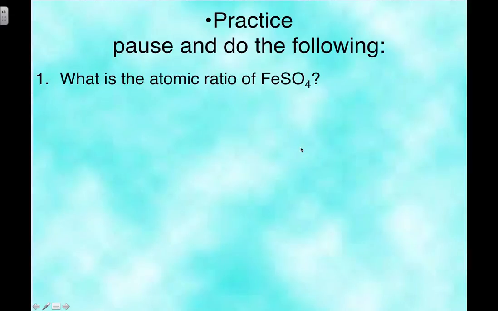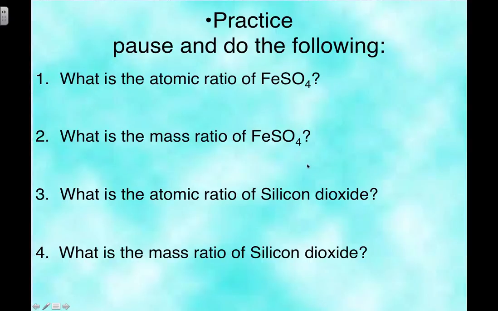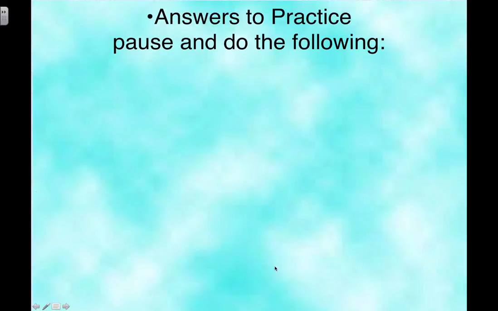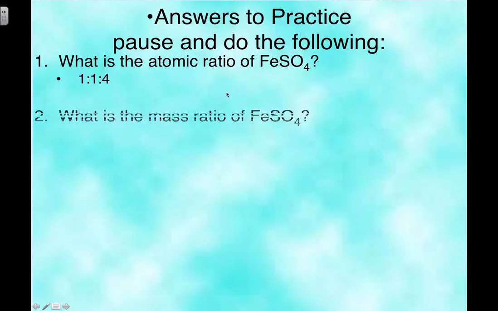Okay. Pause and do these, and then we'll come back and talk about them in a minute. Let's look at the atomic ratio of FeSO4. I'm just going to give you the answers here. Atomic ratio 1 to 1 to 4.